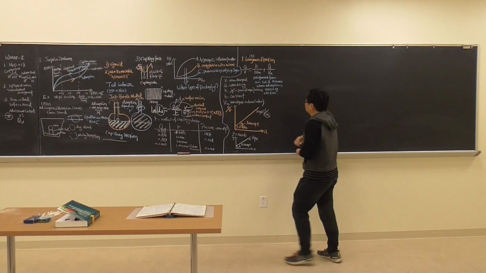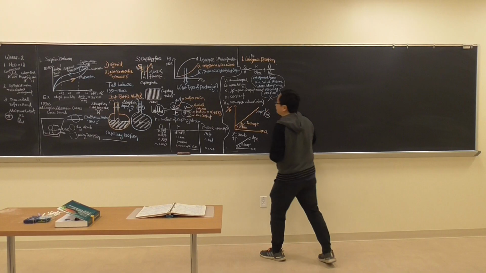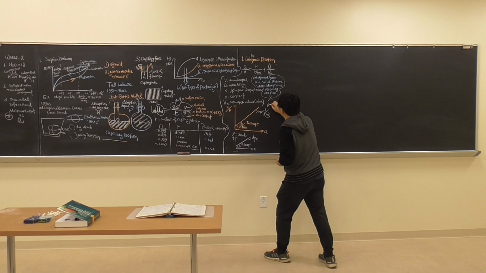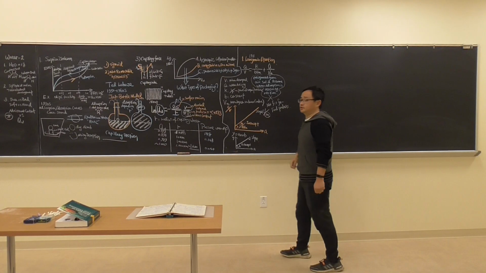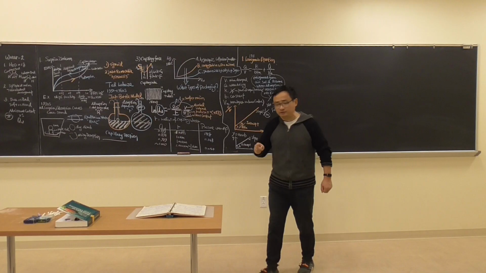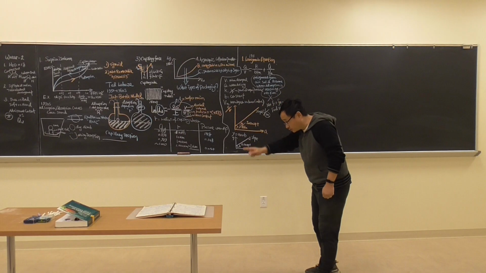This whole thing is not fit for most food products. You can understand, this is like when we do a thermal inactivation study of bacteria, we talk about a linear model.